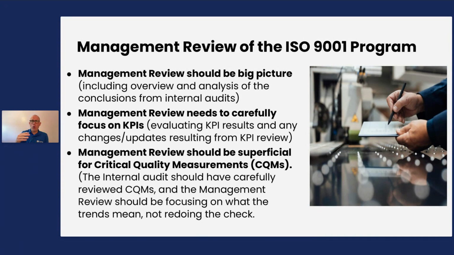So here now, top management does not need to go and start that process over and do an entire elaborate review of all of the information. Management review should be an efficient, high-level review, focusing at least a little on the bigger picture functionality of the program.